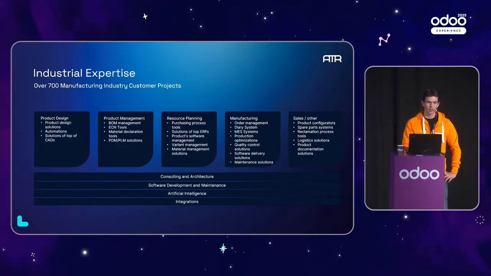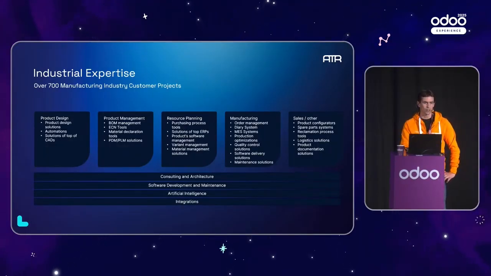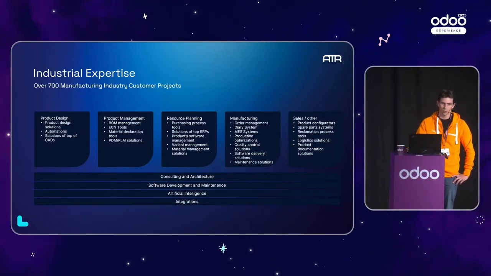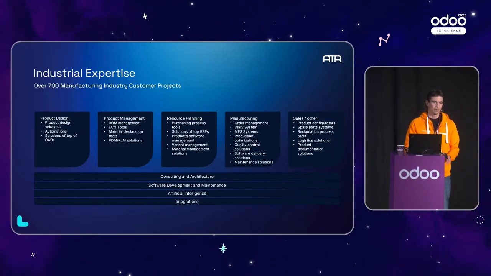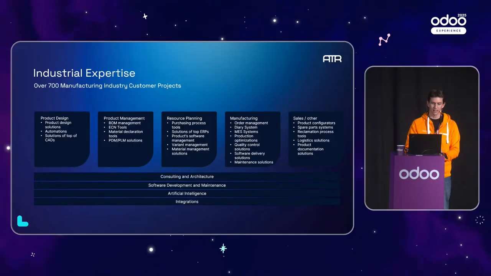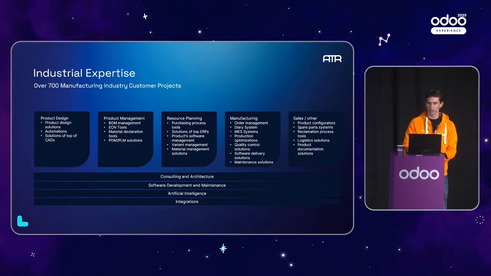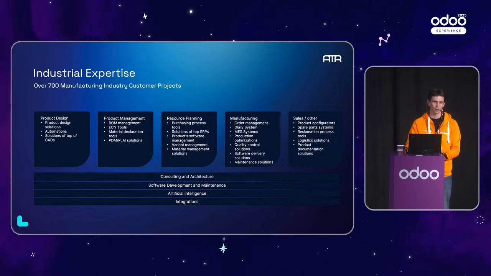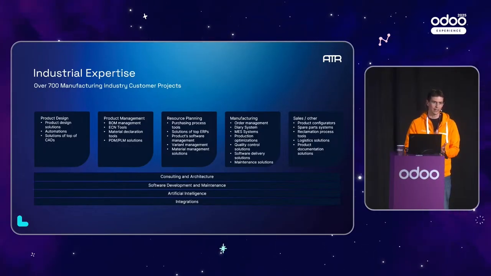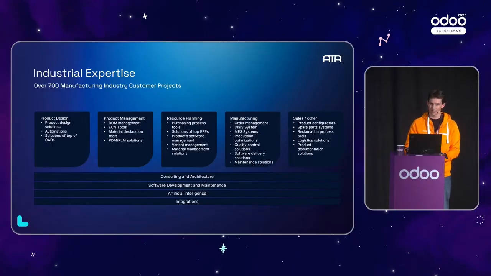Our industrial experience covers over 700 committed customer projects. We mainly work in the product design and product management area, which involves designing new products with CAD applications and managing the information produced in CAD in different PDM and PLM systems.